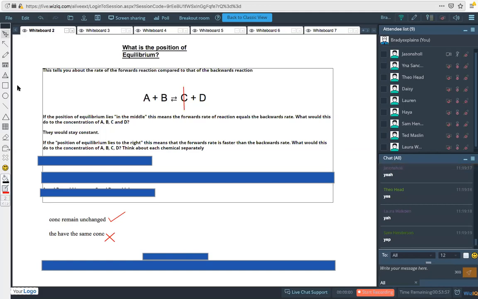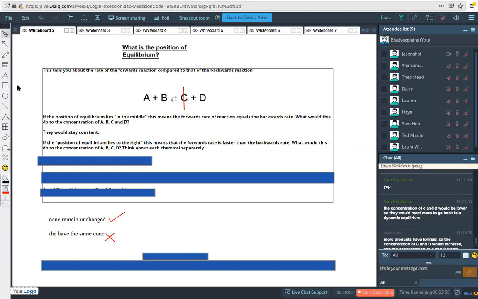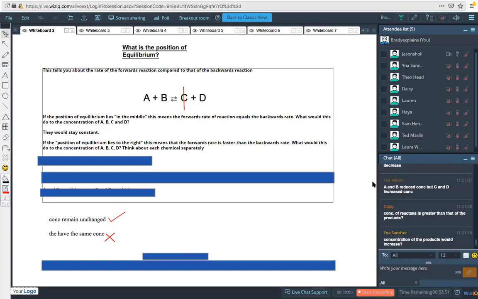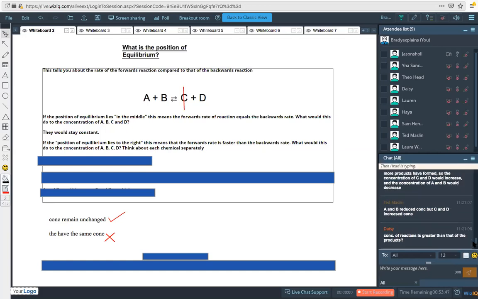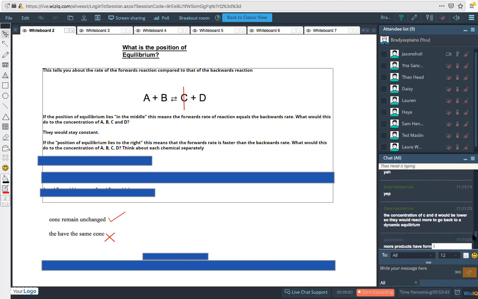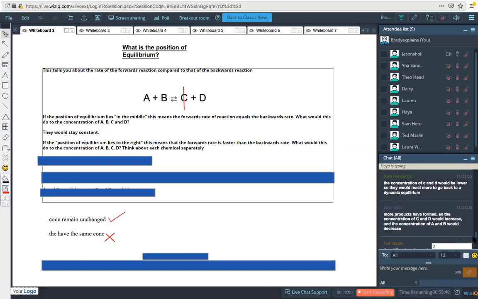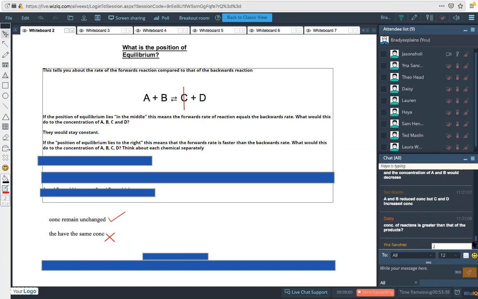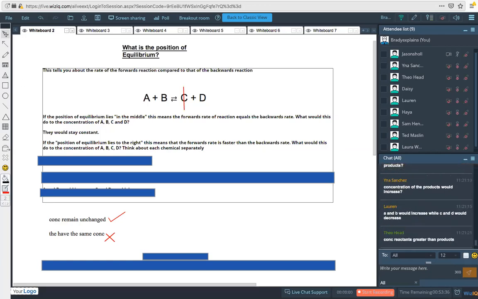Okay, when you're ready, guys, if you want to press enter. So we've got definitely a couple of different answers here. So let's have a think about this.